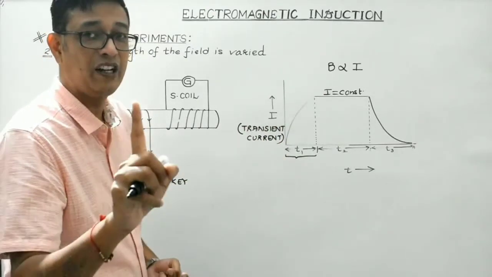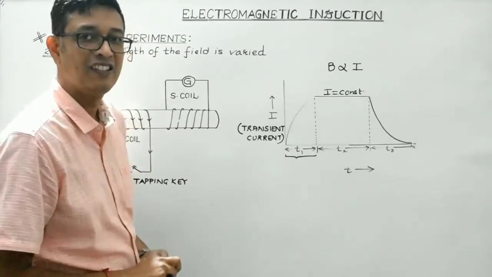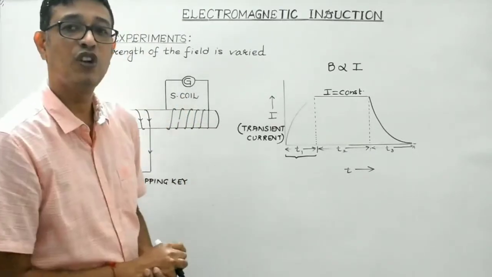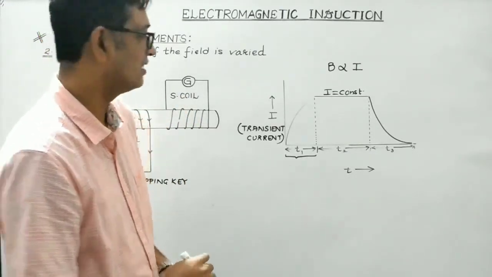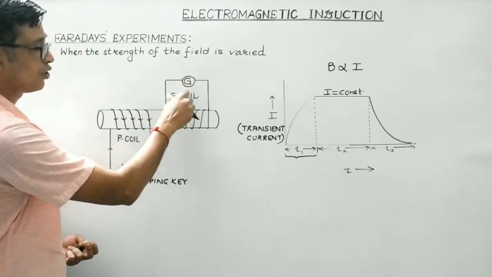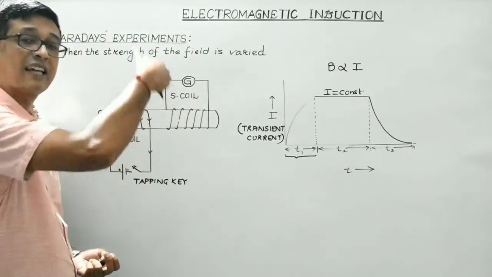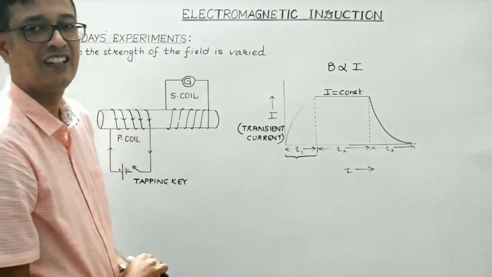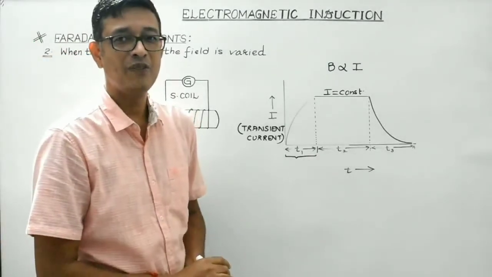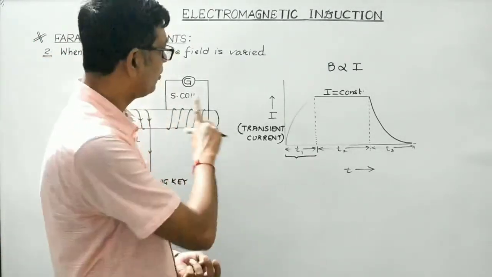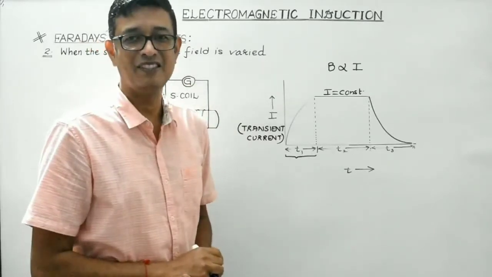Once the magnetic field stops changing, the induced current in the S coil becomes zero, as is evident when the galvanometer shows zero deflection when the tapping key is kept pressed. So these were the conclusions made by Faraday after performing this experiment.